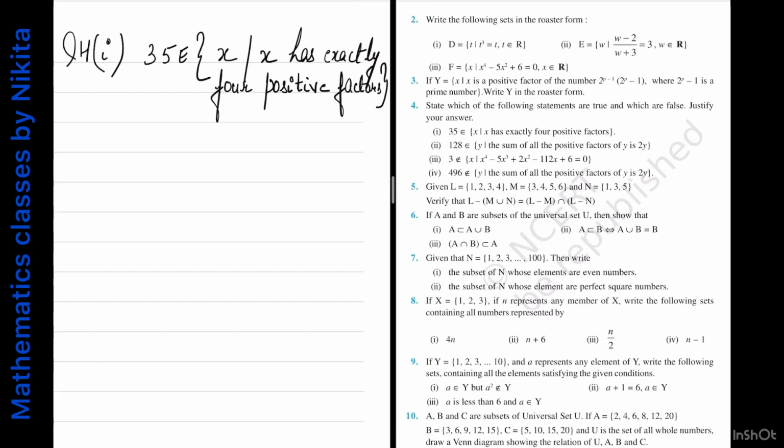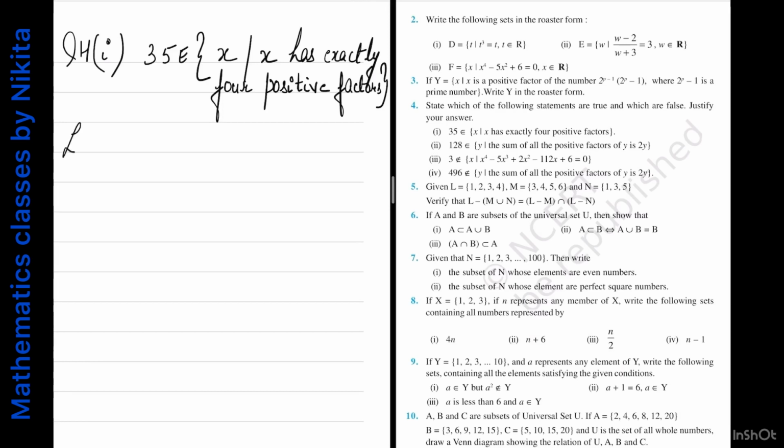So that means you have to check whether 35 has exactly 4 positive factors or not. If it has 4 positive factors, that means the statement is true, and if it does not have 4 positive factors, then the statement is false.